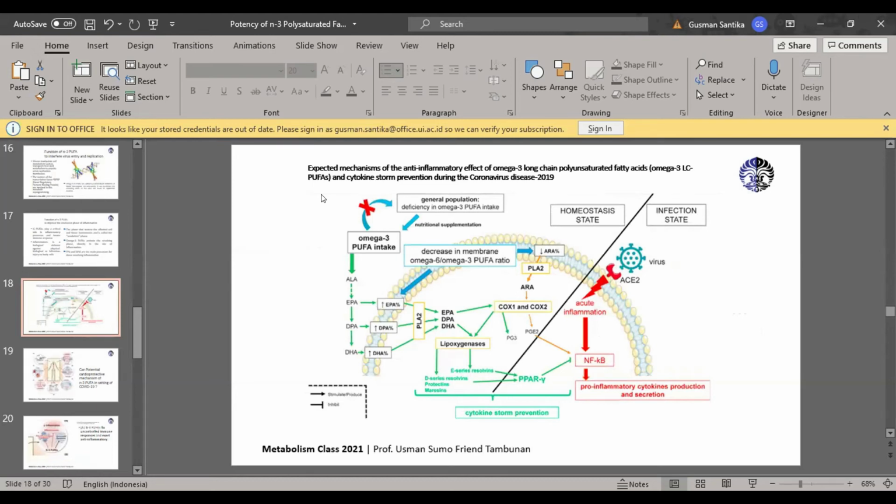When omega-3 PUFA is decreased, PPAR gamma will decrease too, and then NF kappa beta will stimulate again, and NF kappa beta will stimulate cytokine.